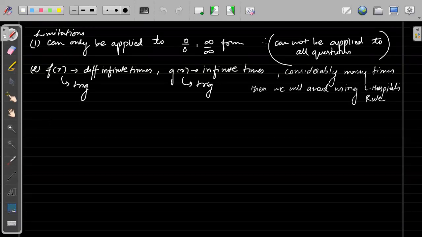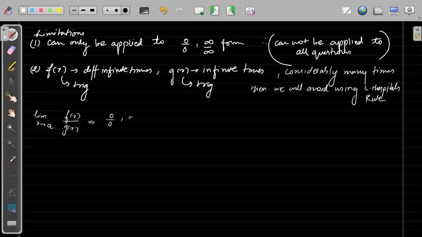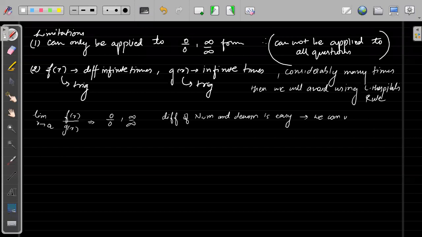In L'Hopital's rule, if we see the form limit of x tending to a, f of x upon g of x is of the form 0 by 0 or infinity by infinity, and if and only if differentiation seems easy, or if it is not a very long question, if differentiation of numerator and denominator is easy, then we can opt for L'Hopital's rule. Then we can use this rule.